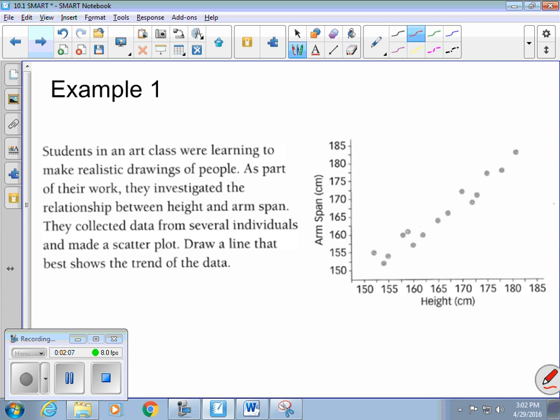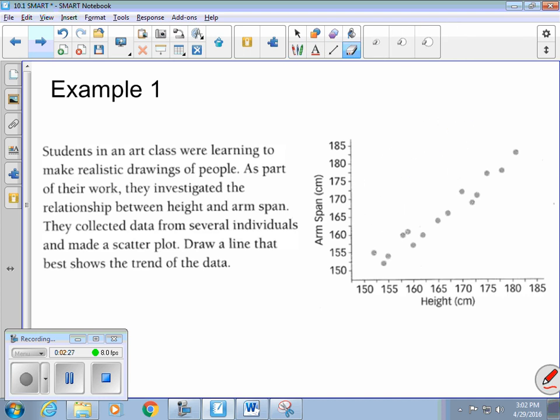Now, if I were to draw a line that's going up and to the right like this, even though it shows that increase as we move from left to right, it starts much higher than all of the data on the chart. And so that wouldn't be very good.